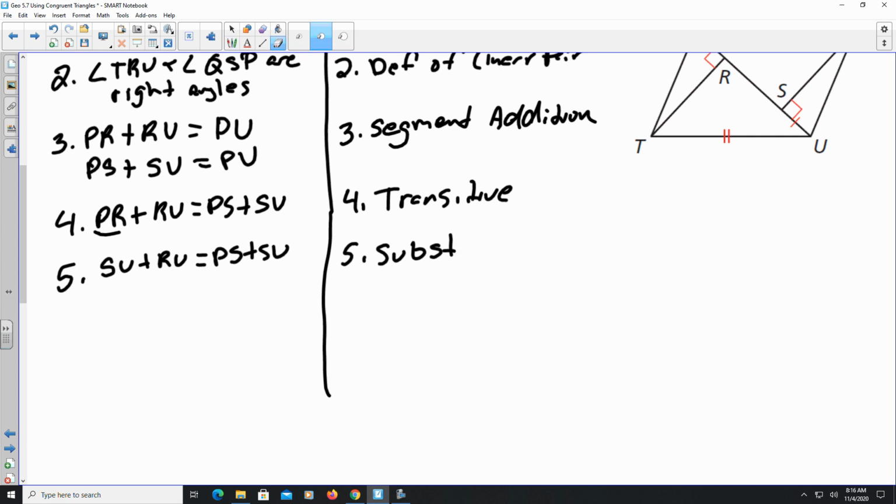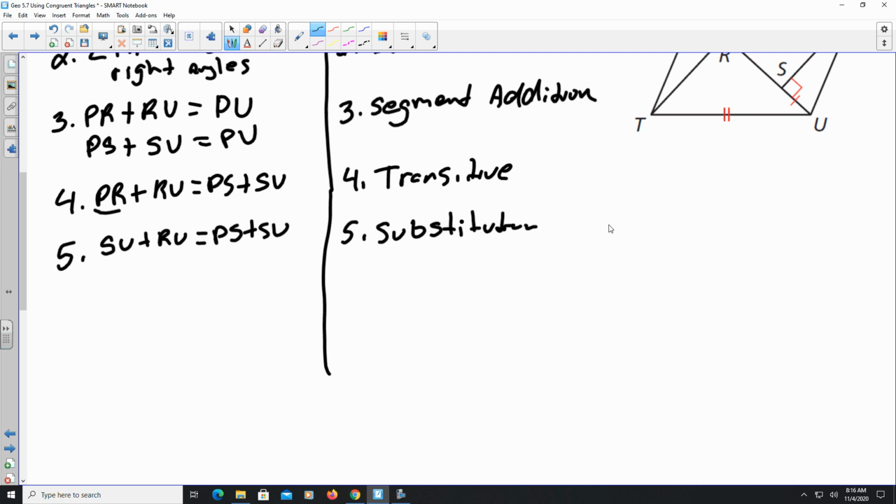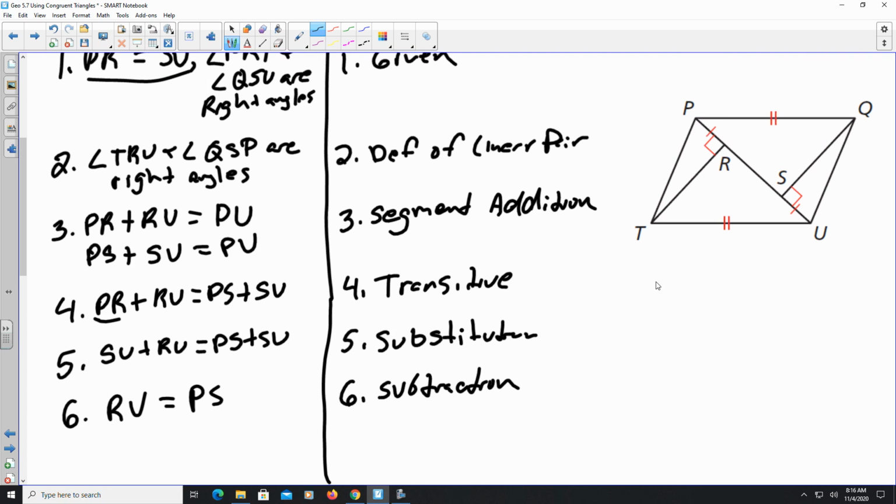I spelled that wrong. All right. So now, finally, I can subtract SU from both sides. So now I can say that RU is equal to PS because of subtraction. Now, looking at this triangle here, I know that this is 90 degrees, I know that RU is congruent to PS, and they're both right angles.